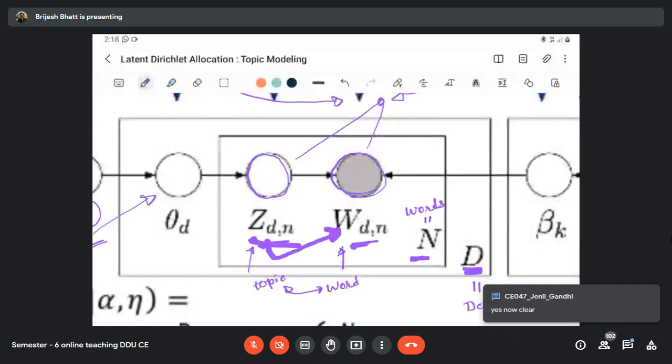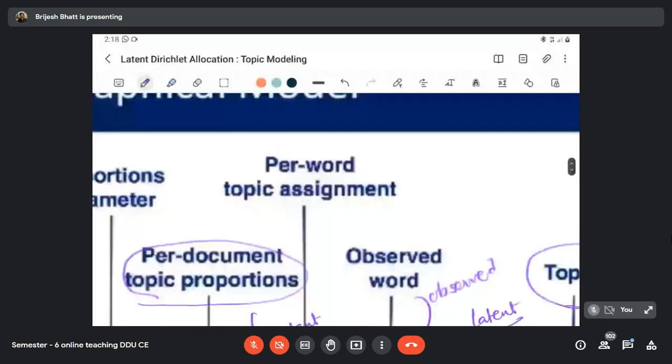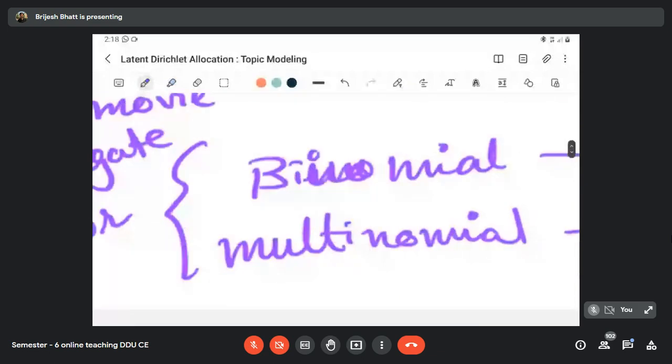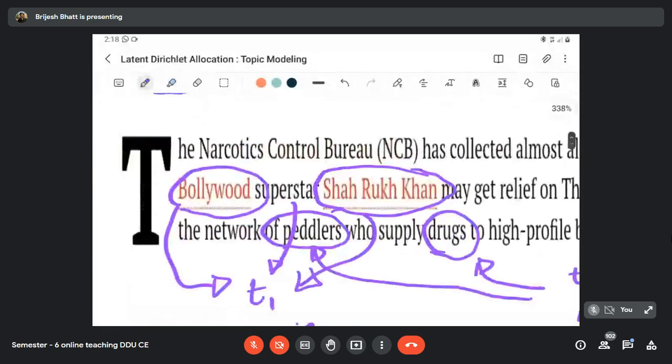So what we want to do is, the same thing which we have seen with this news article, we want to look at the words of the article and assign some topic, and cumulatively we will assign topic to the document also. But what is the underlying topic distribution, and how the topics are distributed inside the document, that we do not know.